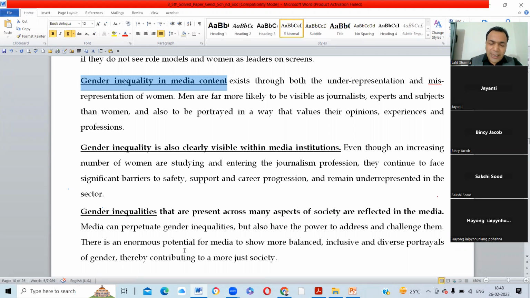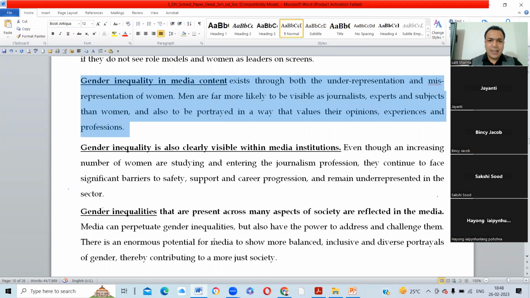Gender inequality in media content exists through both the underrepresentations and misrepresentations of women. Right?